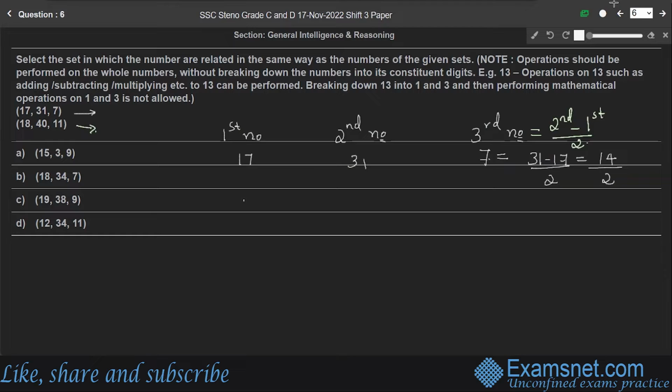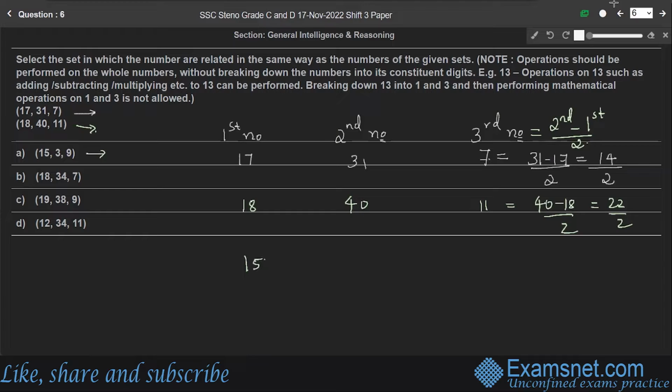So consider the second set of numbers. The first number is 18, the second number is 40. The third number has to be 11, which is 40 minus 18 by 2, which is 22 by 2. Therefore, which of the following options follows the same logic? Consider option A, 15.